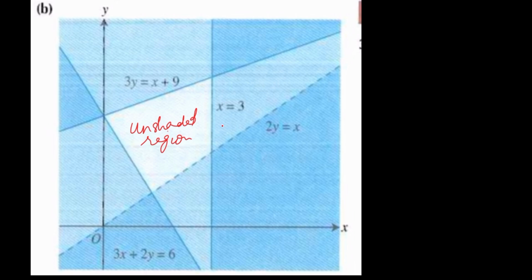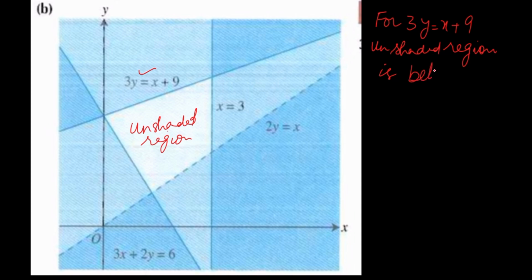So let us consider first this line, 3y is equal to x plus 9.